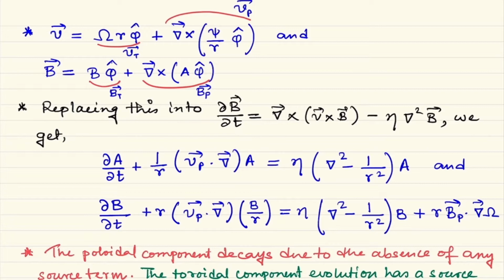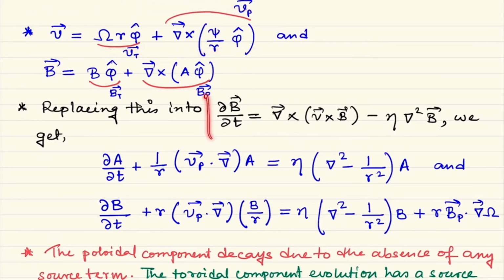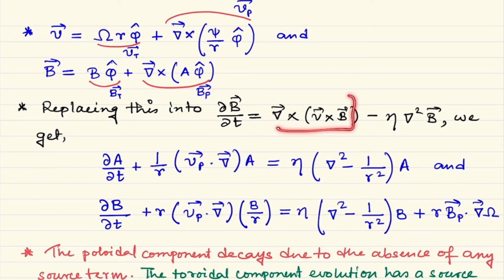Now if we simply replace this expression for B and also V in this induction equation, you see we have a term which is no longer nonlinear. This is a linear term according to the kinematic dynamo approximation, and you have another resistive term. The resistive term should have a plus sign, of course.